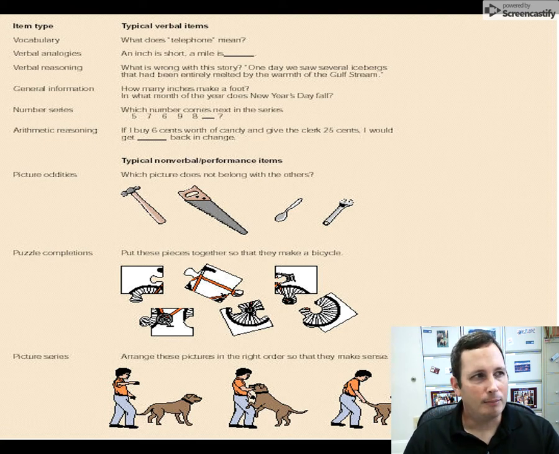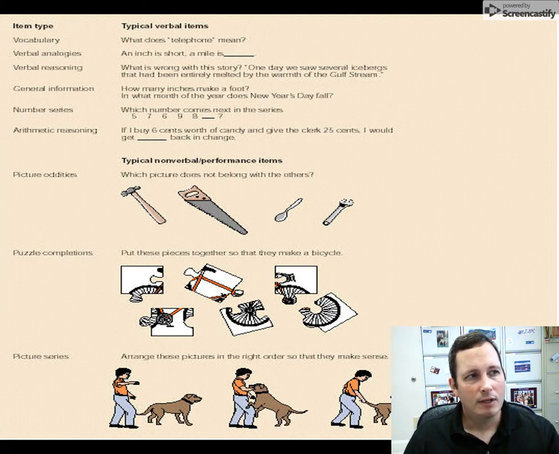That would be an example of a verbal analogy. And then we have more verbal reasoning. So something like, what's wrong with this story? One day we saw several icebergs that had been entirely melted by the warmth of the Gulf Stream. Of course, the problem then is, how can you see an iceberg if it's been entirely melted by the Gulf Stream?